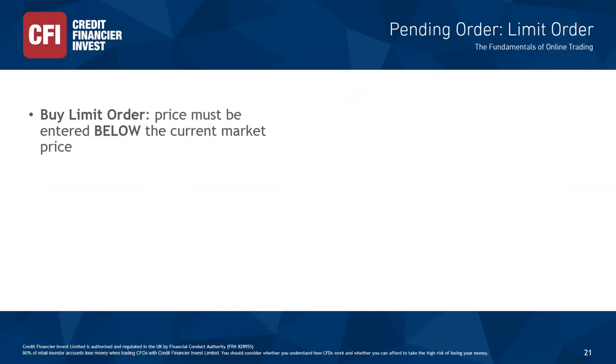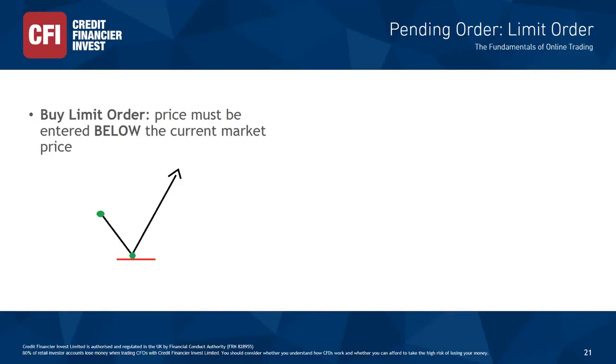With the limit order, you have two types. One is a buy limit order, where the price must be entered below the current market price. So let's say, as you can see in this little diagram, the price of the Dow Jones is at the moment $100.